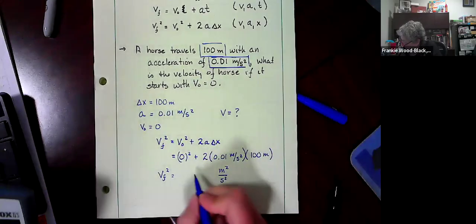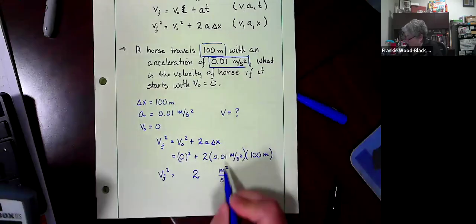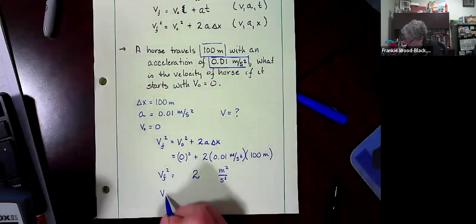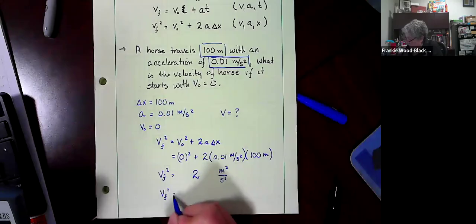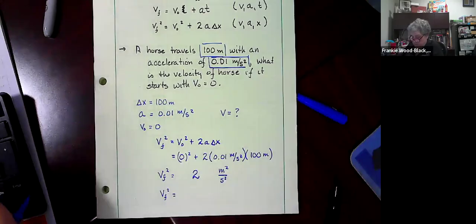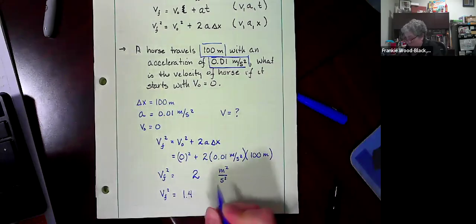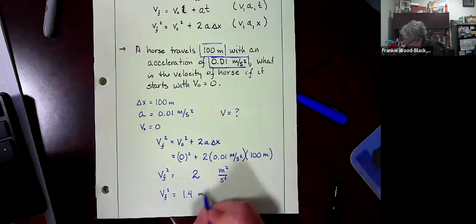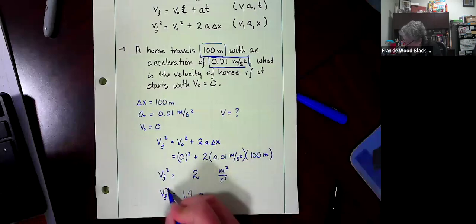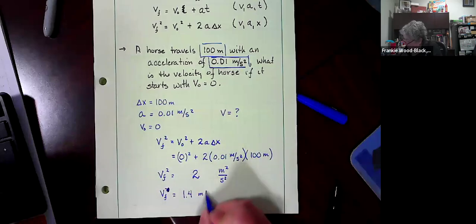The horse would have been at 2 meters squared per second squared. I have to take the square root to solve for that. So the horse is going to be traveling at 1.14 meters per second.